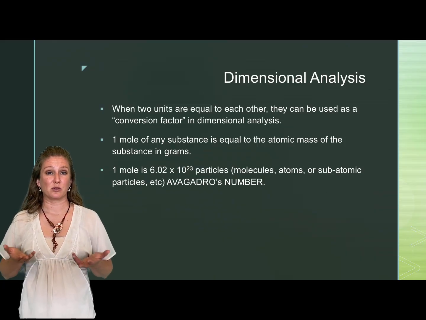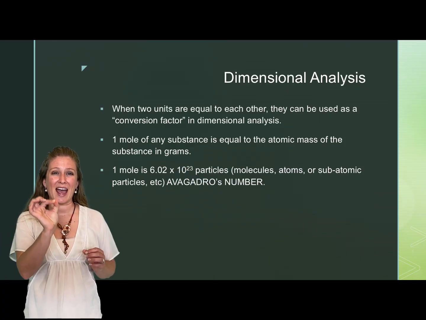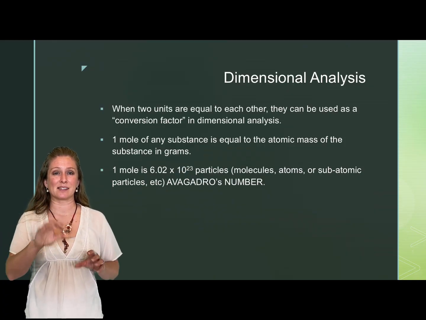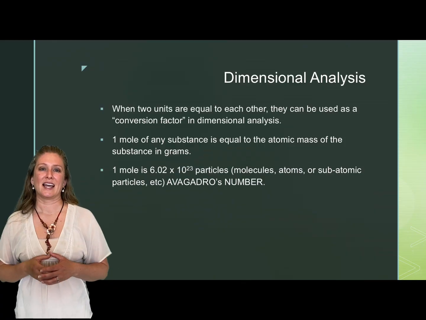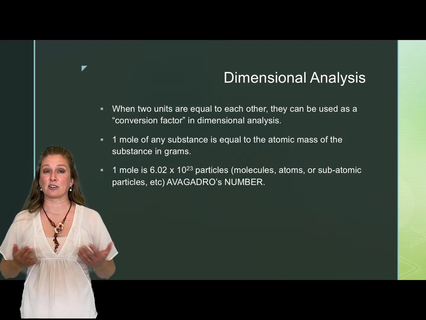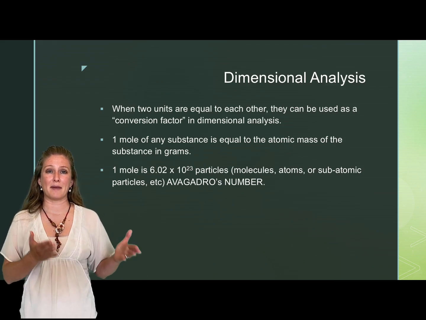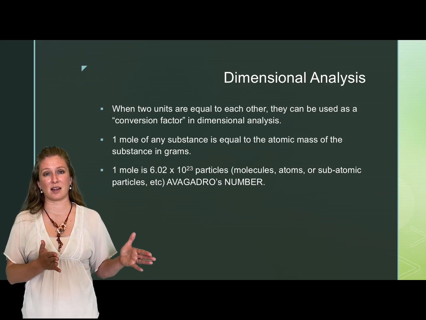Well, we use ratios and proportions, and our understanding of the mass of each atom, take that mass, make a really big number of those things, and change that to grams. So it's actually pretty simple to use moles. What we do is find the mass of the substance on the periodic table.